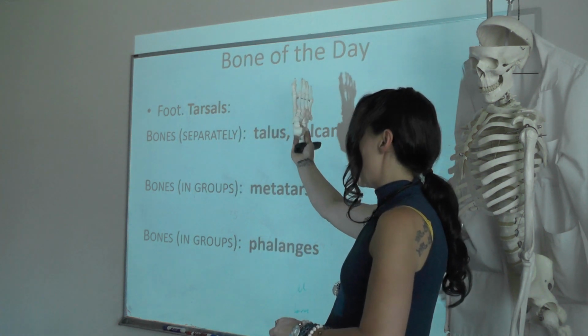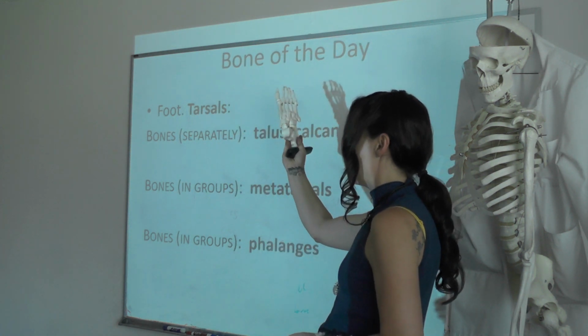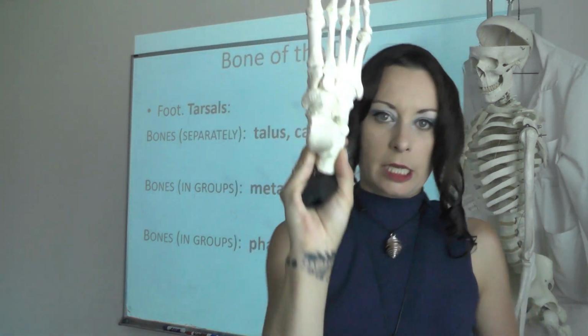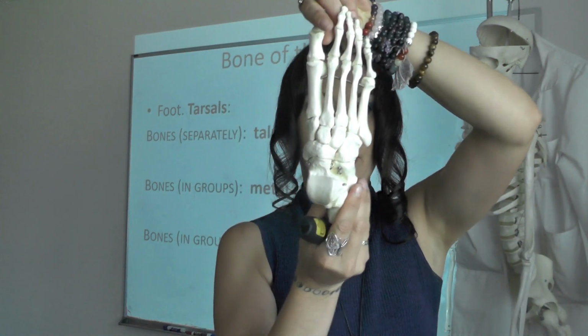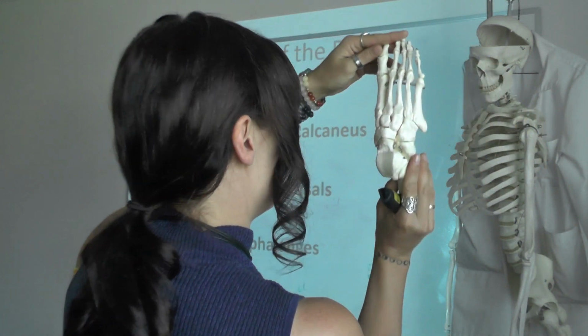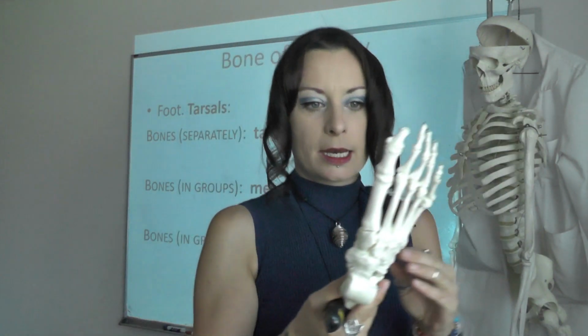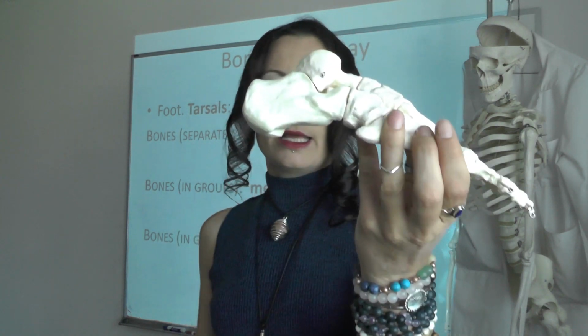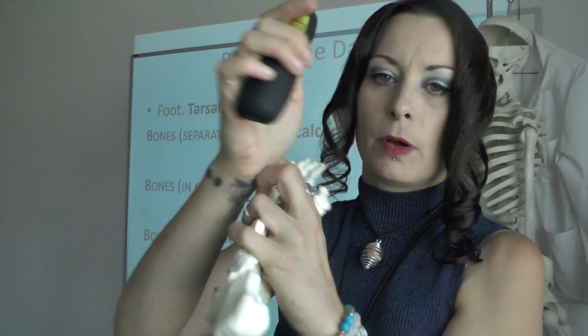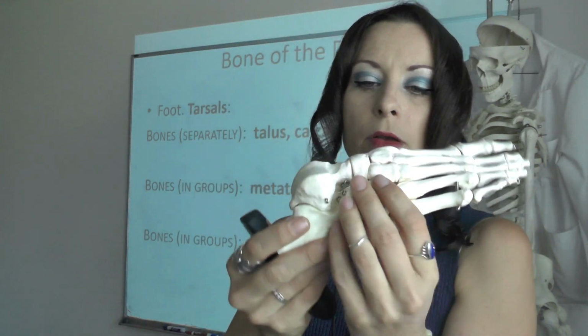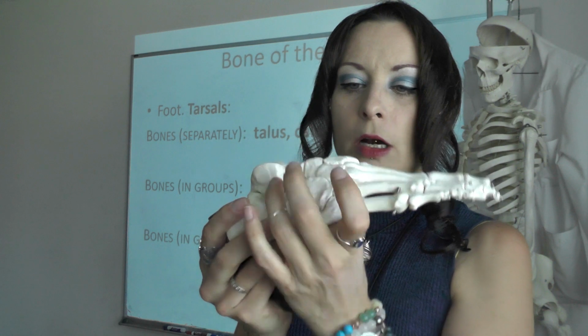So, bone of the day for our lower limb, we have the foot. Hopefully you can just look at a foot and tell if this is left or right. What kind of foot do you think that is? It's a right foot. And so in the hand, we said that you could just collectively say that any of these little bones down here were carpals. Most of them down here we could say are tarsals.